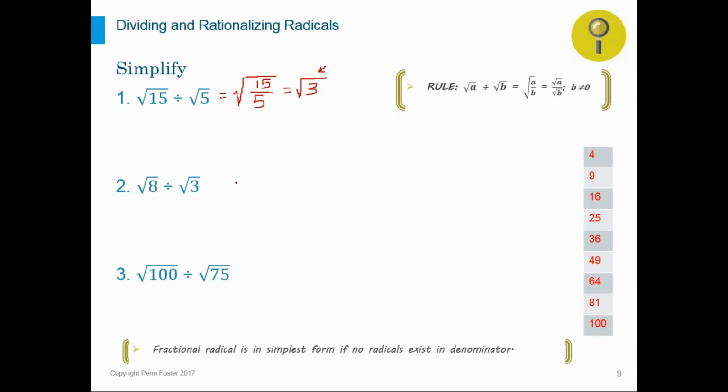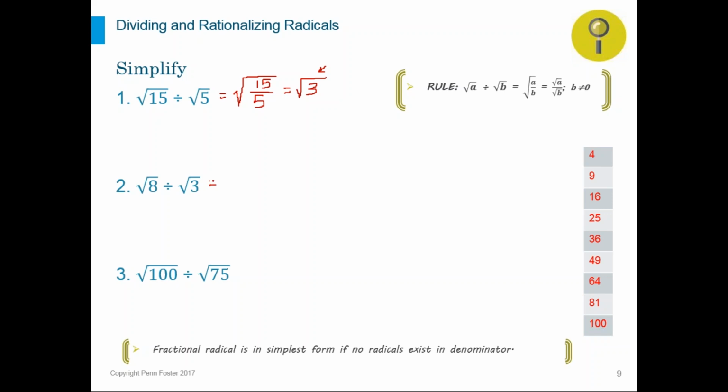What about 2? The square root of 8 divided by the square root of 3. 8 has a perfect square factor. By now, we're going to be so familiar with numbers that when they pop up in our question, we would know directly whether they have any perfect square factors. By now, we know 8 has a 4, and 4 is a perfect square factor.